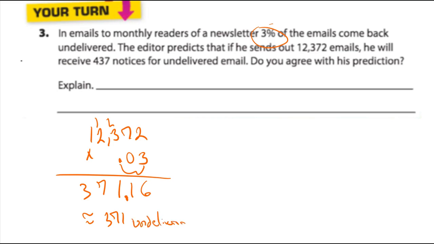Again, now it's up to you whether you think that is a reasonable estimate. To me, being 66 notices off isn't reasonable. That's pretty far off. But to some people, out of 12,000, you may say that's really pretty close. As long as you're able to explain yourself and you have the numbers correct, you'll be fine.